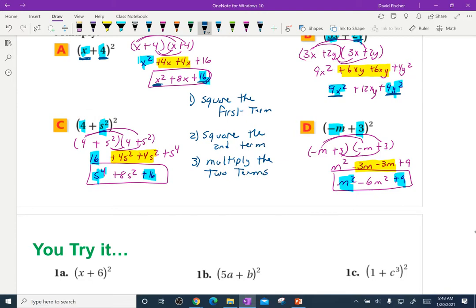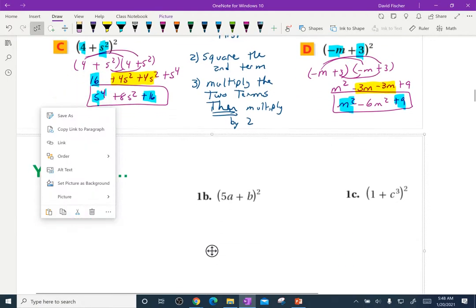X times 4 is 4x, but I needed an 8x. So then I'm going to say, which is very important, multiply by 2. Because I always have 2 of them. I have 2 4s to the seconds. I have 2 4x's. I have 2 6xy's. I have 2 of these. So I want to multiply by 2.